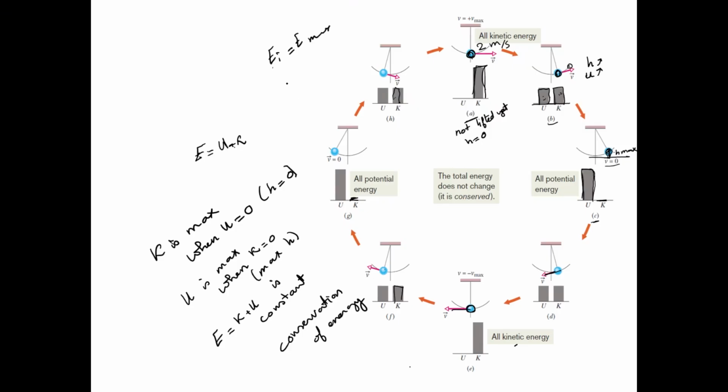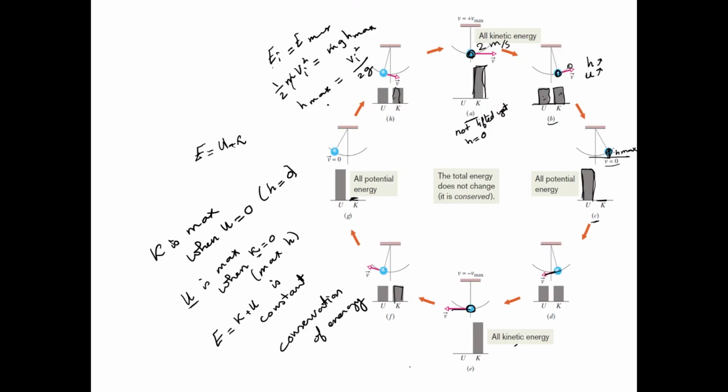Initially, it only had kinetic energy, so this is half m v initial squared. At the maximum height, we only have potential energy. K is 0, so I'll have mgh max. M and M go away. You'll get H max, the maximum height, is equal to V initial squared over 2g.